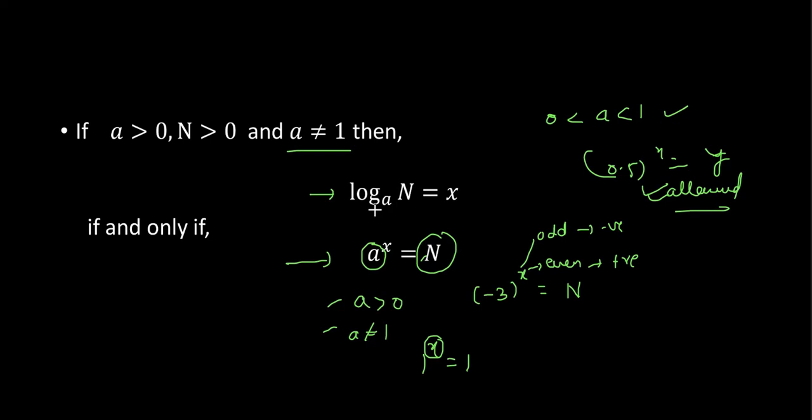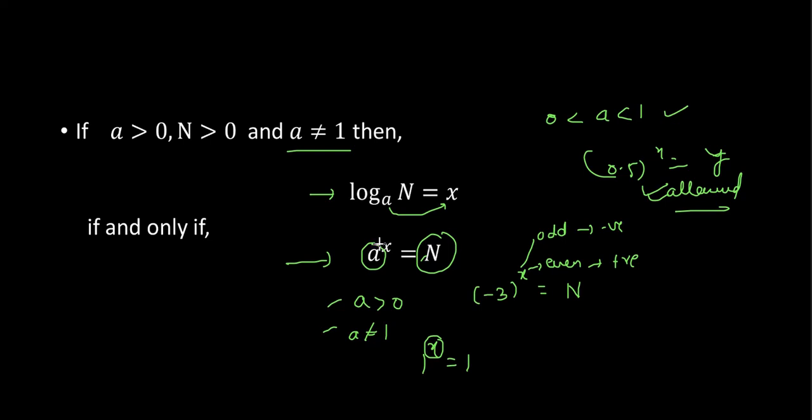Please notice here how we can interchange the exponential form to the logarithmic form and vice versa. In log of n with base a, this base a goes to the feet of x. This is how I remember it: a goes to the feet of x, so n becomes a raised to power x, or you can say that x is now on the shoulder of a.